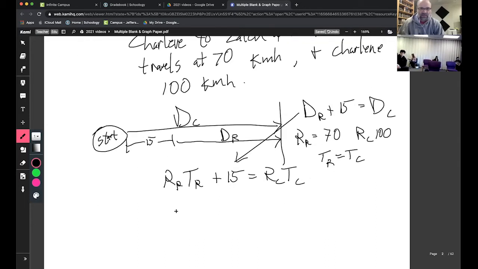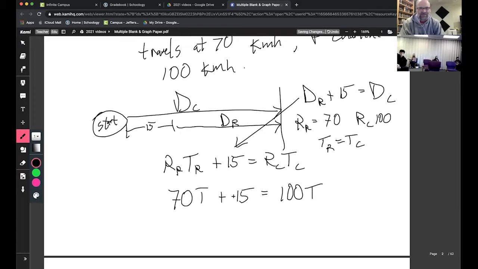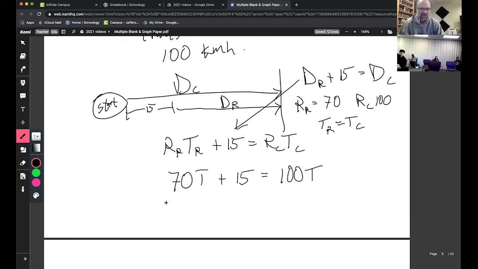All right, so our RR is 70 and TR is TC, or just T, plus 15 equals RC, which is 100, then our T again. Okay, so this is a nice equation. There's variables on both sides, so get rid of the smaller one. So 15 equals 30T.